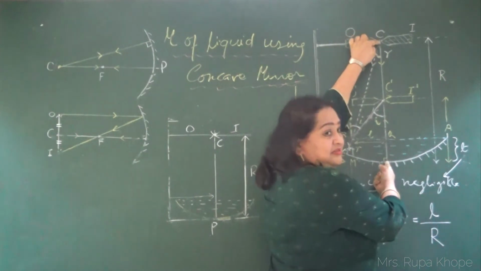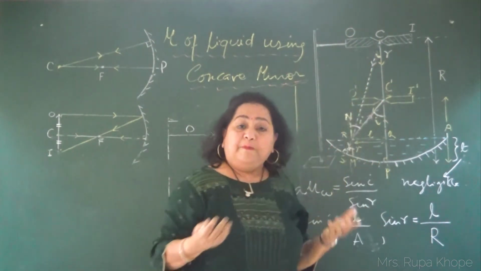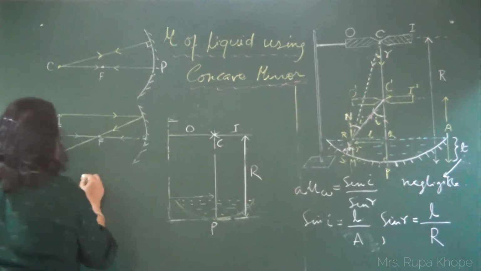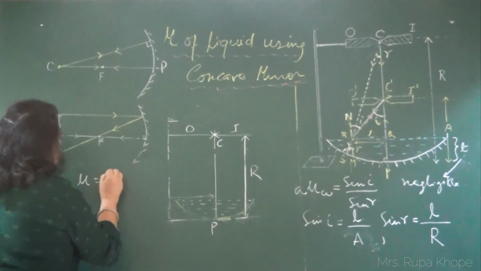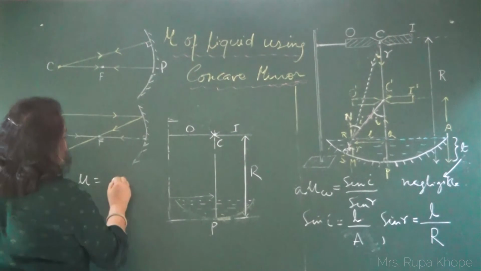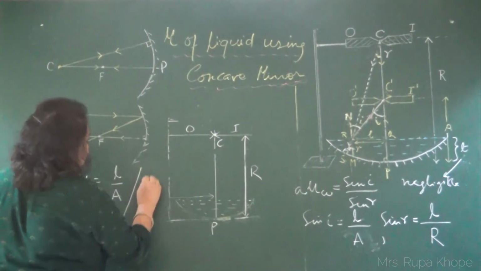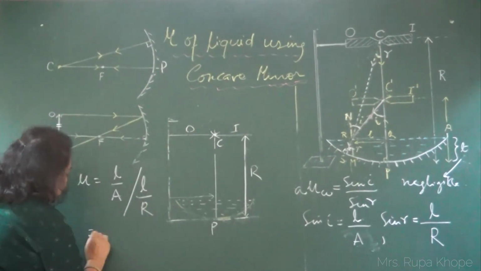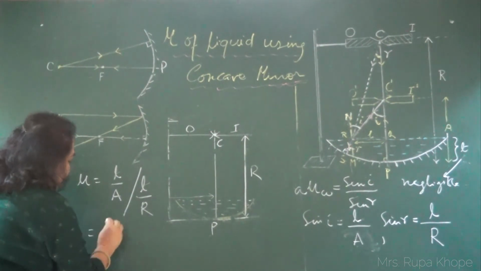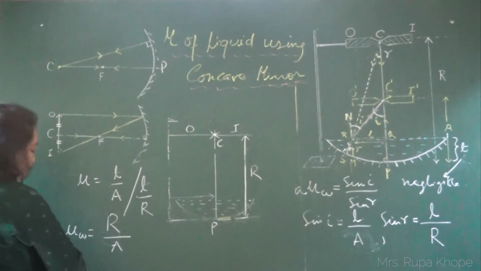And what is this distance? Real radius of curvature. And what is this distance? Apparent radius of curvature. So we get this. So divide sin I by sin R. So mu is equal to sin I upon sin R, which I can write directly as L upon A divided by L upon R. That means L and L will get cancelled out and we get R upon A, mu of water.